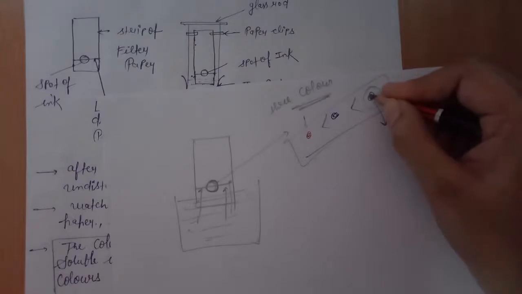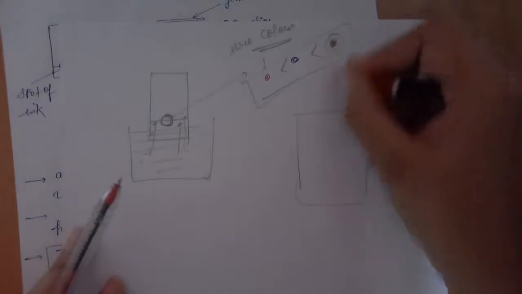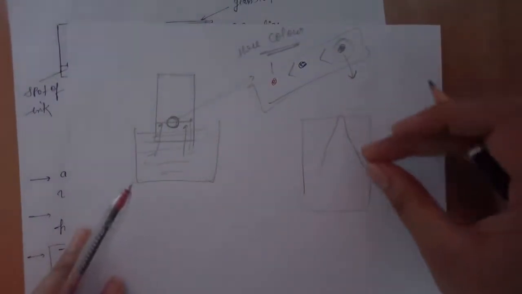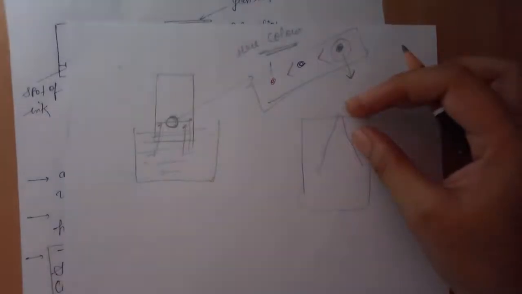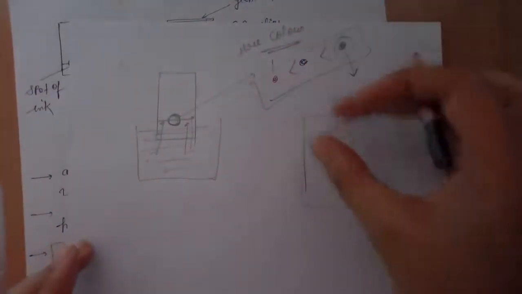So in this filter paper, this component of dye rises quickly and attains a larger height than these two components.